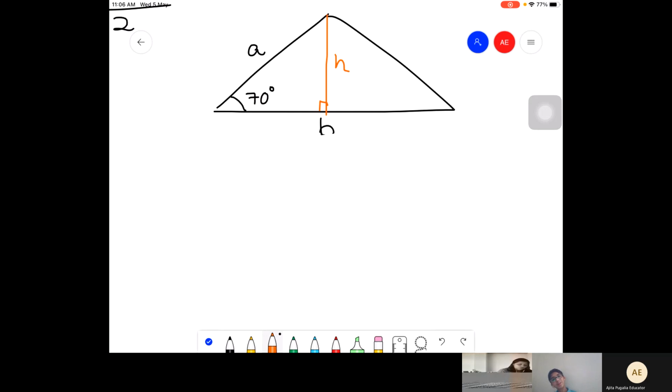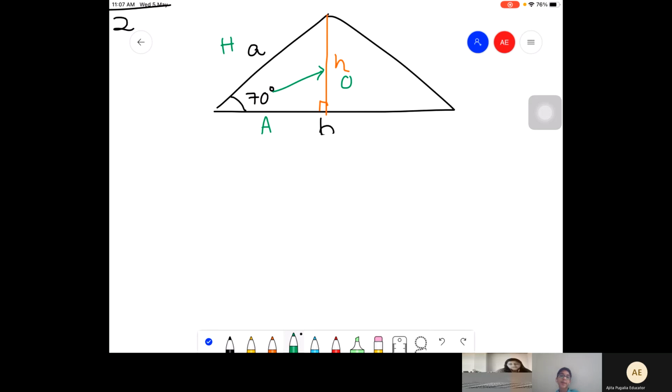Okay, what is the rule? Let's say this side would be called the opposite side, this would be called the hypotenuse, and this would be called the adjacent side. First we have a right triangle.